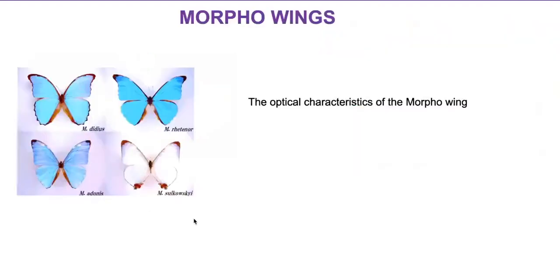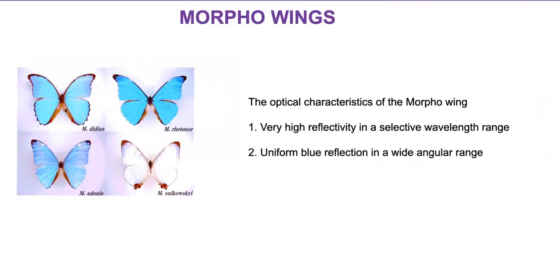Another interesting thing is that Morpho wings have very high reflectivity with a selective wavelength of light. And unlike many other objects like a flower that I discussed, they have this color visible at all angles, not just at a specific angle. And you can also see there is a difference in the color if you take different types of Morpho butterflies.